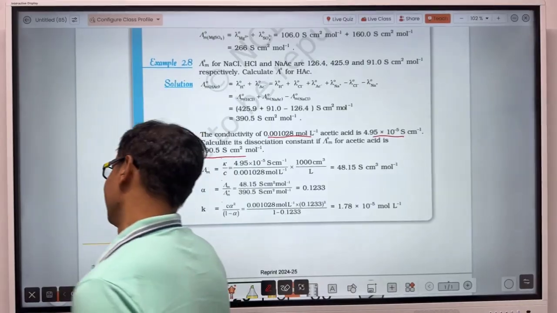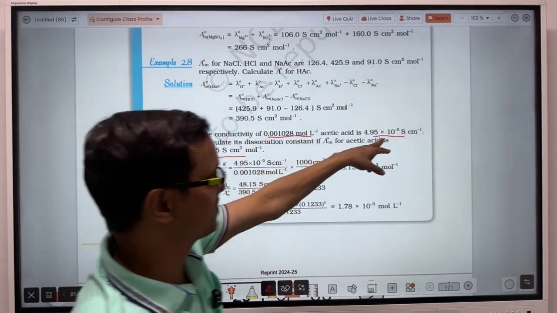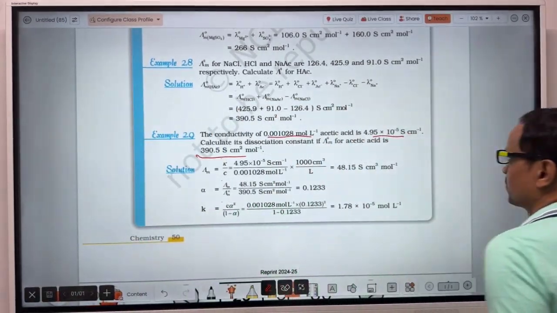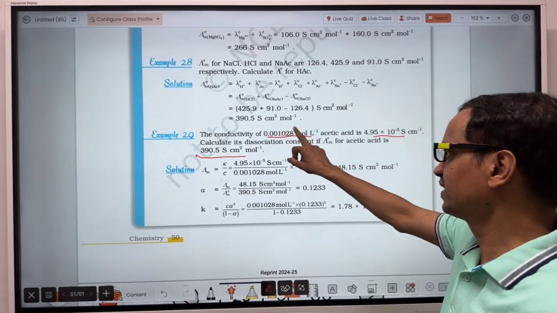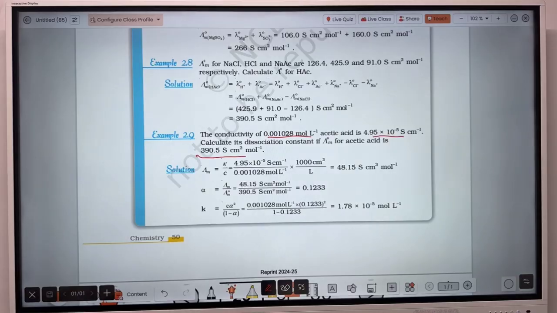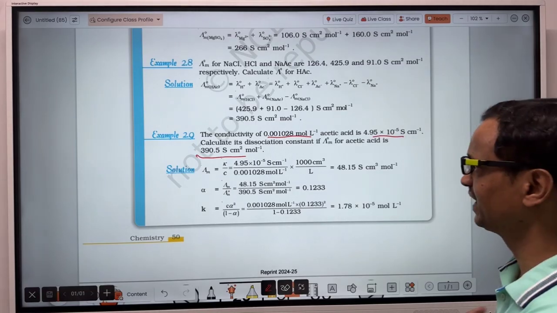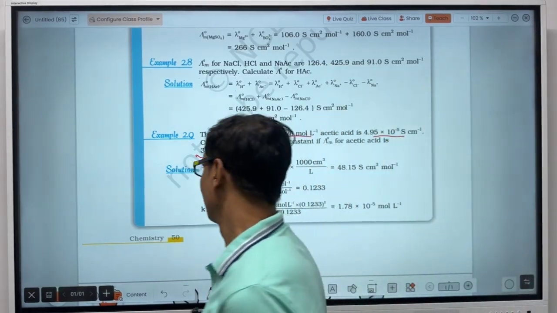Very easy it is. So what is here? Conductivity is 9.5 into 10 power minus 5 Siemens per centimeter. So listen here, conductivity has been given per centimeter and concentration is in mole per liter, that means mole per decimeter cube. So you will have to find the concentration in mole per milliliter.